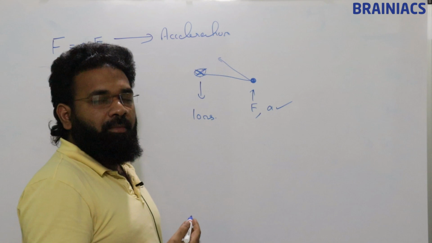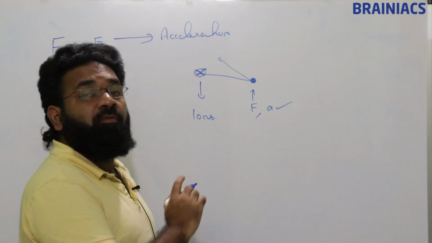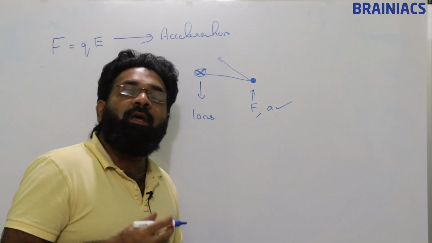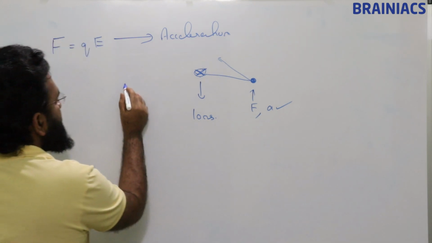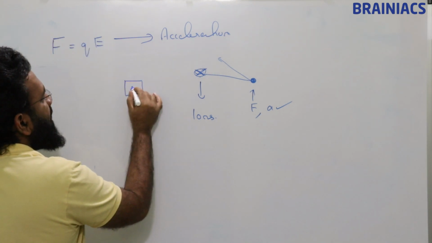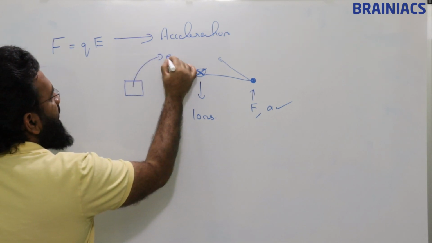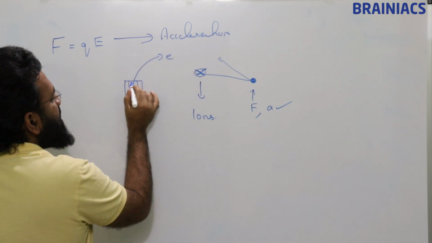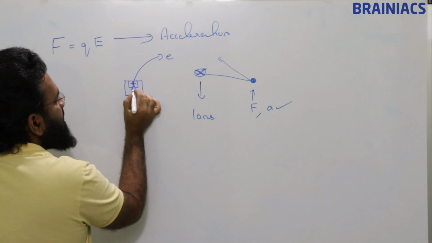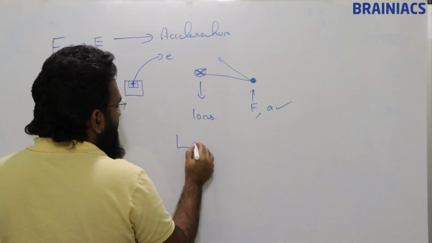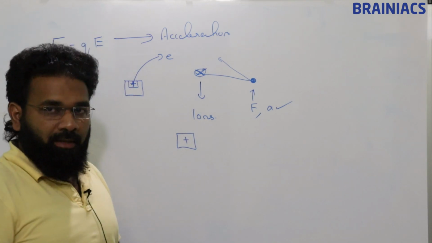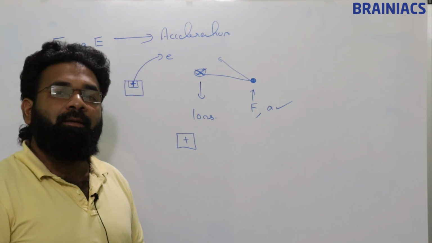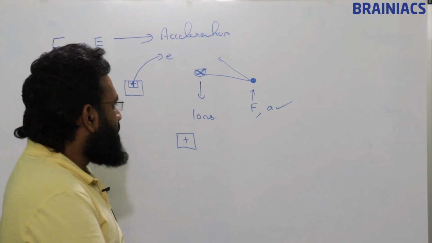How will ions come here? I said already, these are all free electrons. Free electrons might have formed from an atom. Suppose this is an atom, and from here an electron came out, so this will have a positive charge. So likewise there will be positively charged ions on the path. Ions, or we can say kernel, that also can be said.